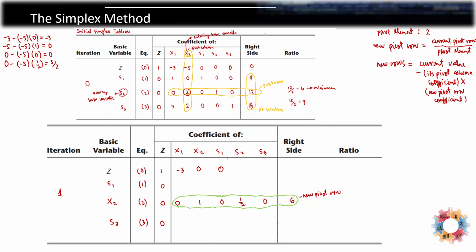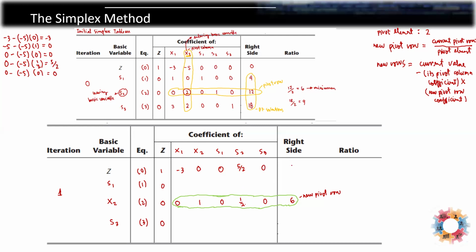So you have here 5/2. And then under S3 you have 0 minus -5 again, the pivot column coefficient, times the new pivot row coefficient, which is 0 under S3. So that's equal to 0.